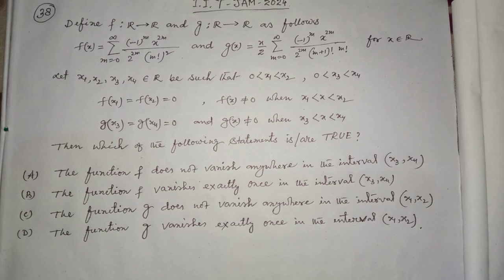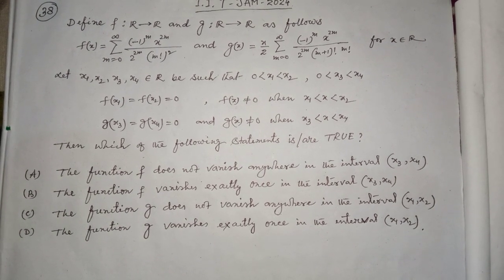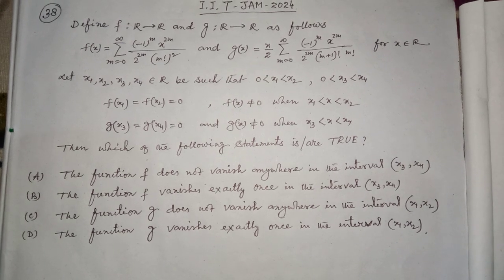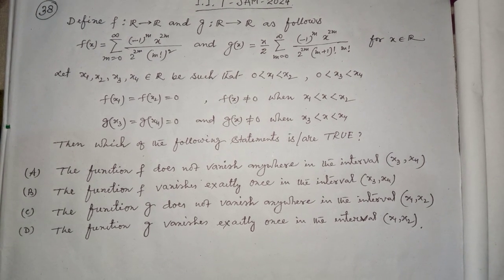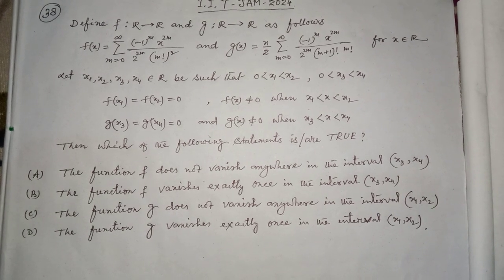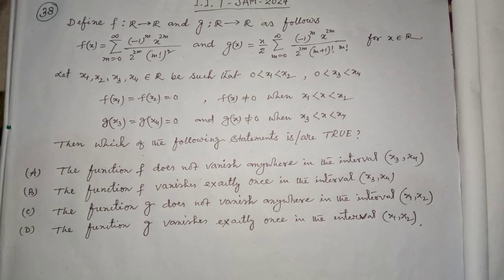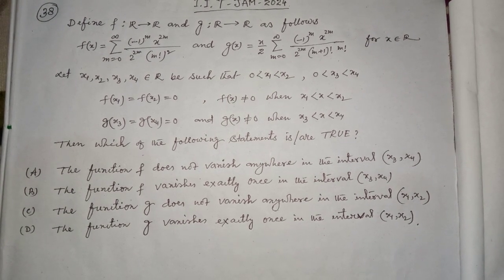Option A, the function f does not vanish anywhere in the interval (x3, x4). Option B, the function f vanishes exactly once in the interval (x3, x4). Option C, the function g does not vanish anywhere in the interval (x1, x2).